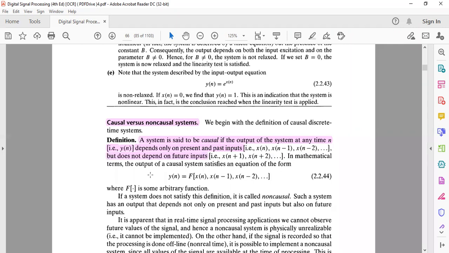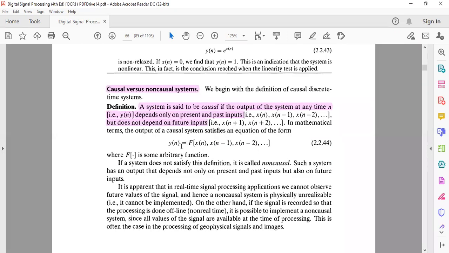In mathematical terms, the output of a causal system satisfies an equation of this form, that y(n) is equal to f of x(n), x(n minus 1) and onwards, where f is the transformation caused by that system.